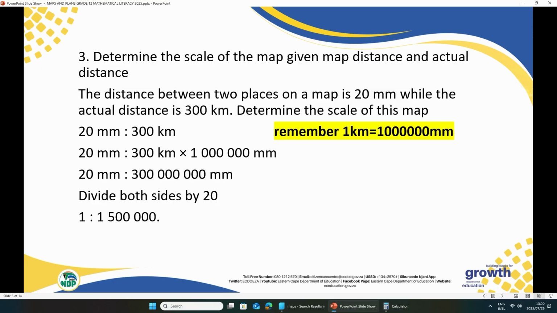Hence, from big unit to smaller unit, 300 kilometers times 1 million gives me 300 million. Now, what do I do? I divide both sides by 20 millimeters. That gives me a scale of 1 to 1,500,000. So with the scale, these are basically the types of questions you can expect. Let me move on now to other parts.